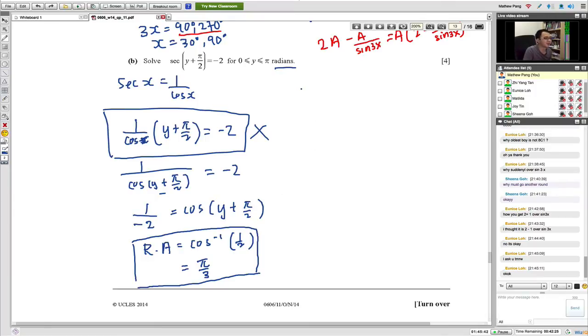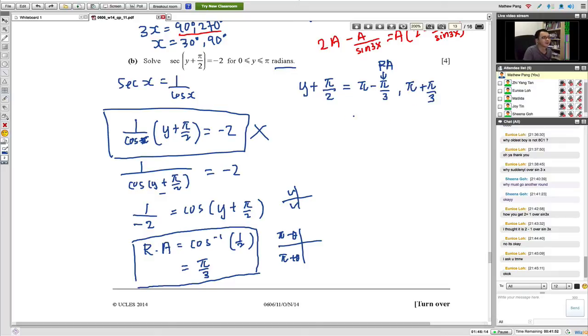Then I have to think: cos will be negative in which quadrant? Cos will be negative in the second and third quadrants. In radian, the second quadrant is pi minus angle, and the third quadrant is pi plus angle. So this one is pi minus pi over 3, which is my reference angle, and then pi plus pi over 3.